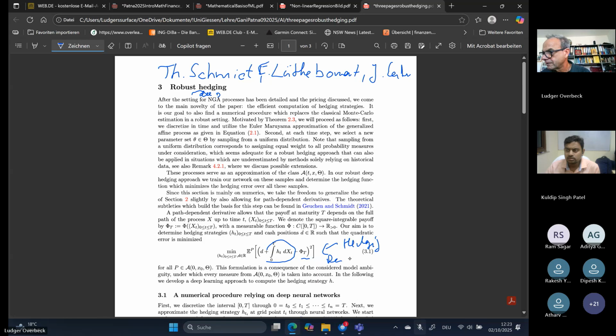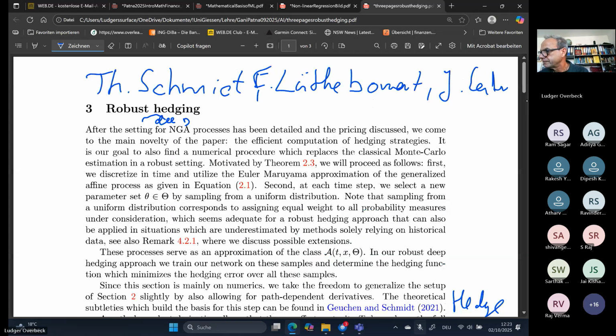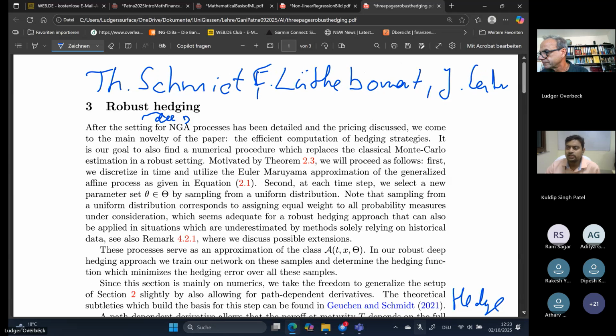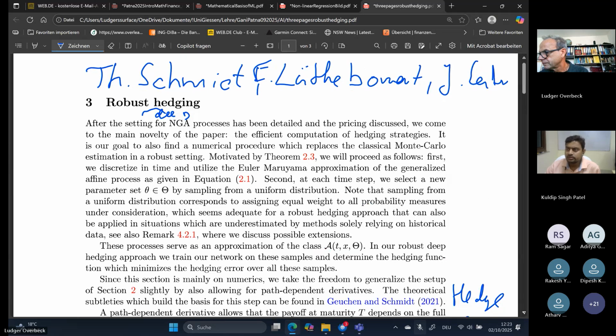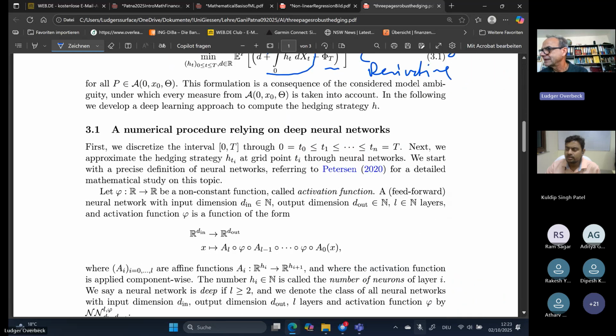You have your hedging error, that's the hedge error.